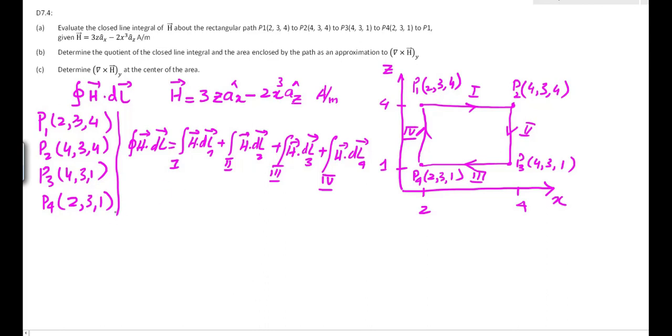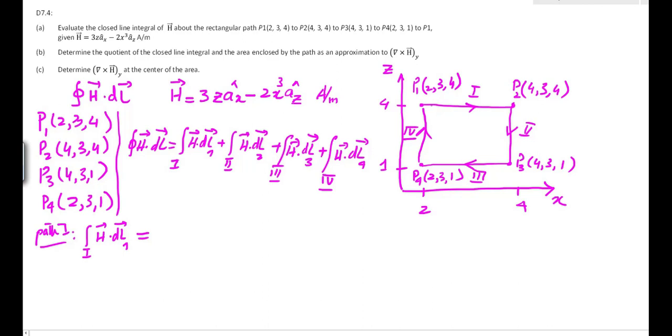Now coming to path 1. We will solve the rest of the paths similar to path 1. In path 1, the integral is H dot dl1. First of all, what will be the limits of the integration? If you talk about path 1, you can see it extends from x equals 2 to x equals 4 at a constant z equals 4 value.